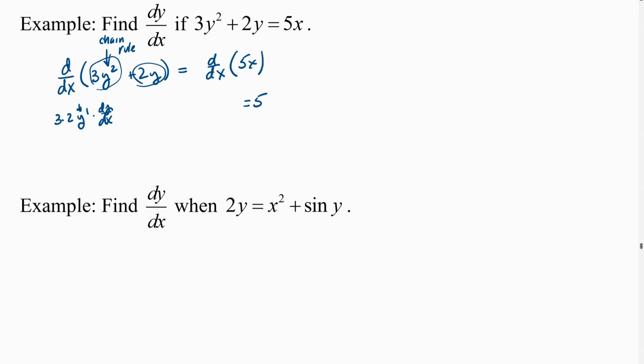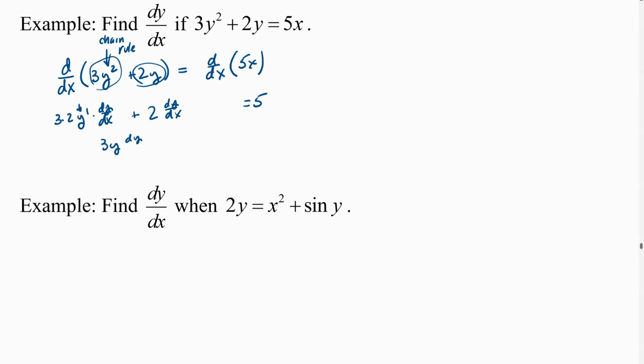Let's try it again. Take the derivative of 2y. The derivative of 2y is 2 times the derivative of y, which is dy/dx. So you can see the act of doing this creates these dy/dx's. Step 2 is to get all the dy/dx's on one side. It's already true for this one.